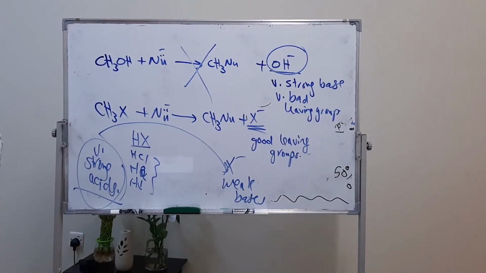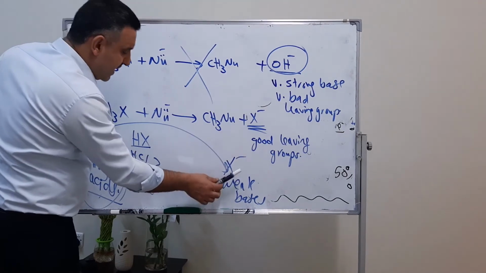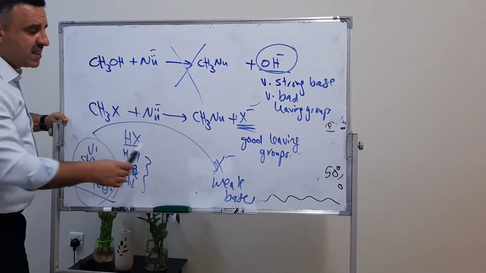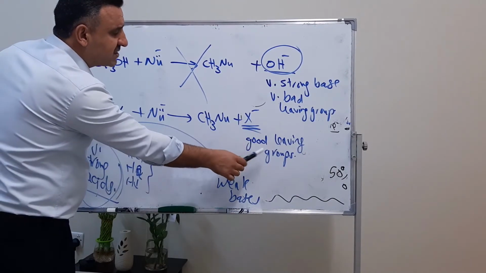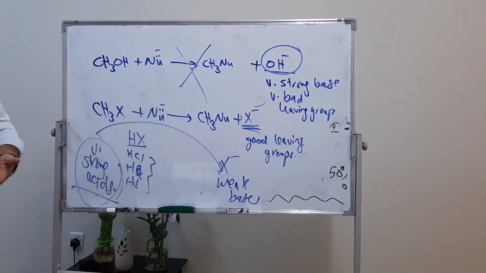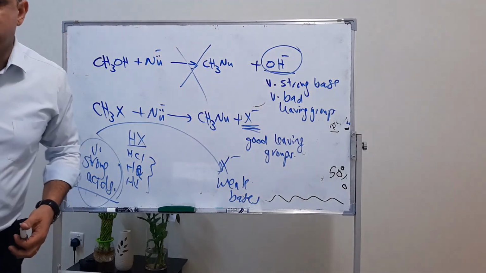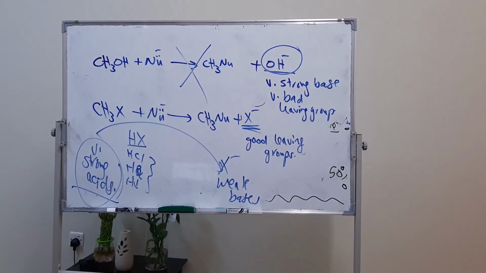That's always true. So the halogens are very weak bases because they come from very strong acids. That's why we consider halogens all the time, and the whole chapter is about reactions of alkyl halides. Get the point? Do you follow me?